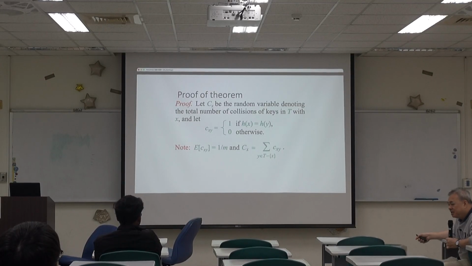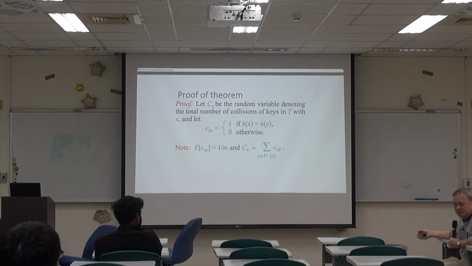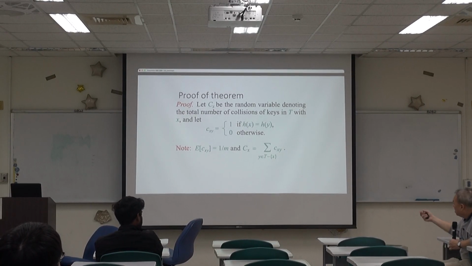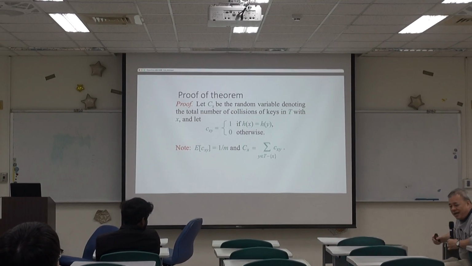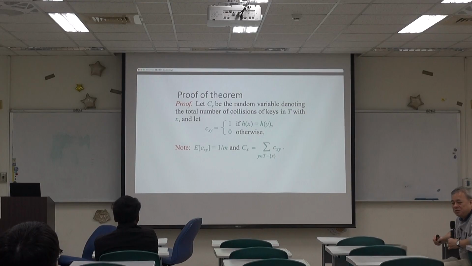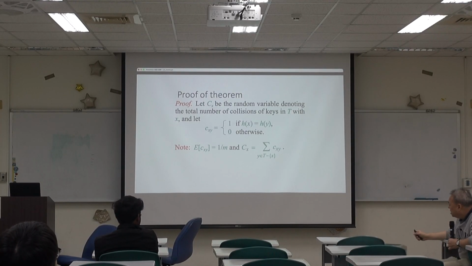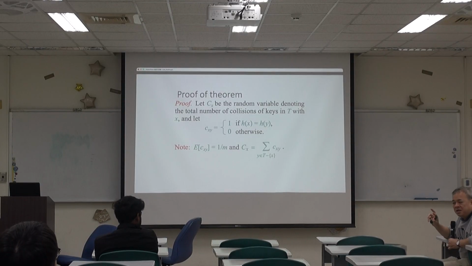The expected c_xy is 1 over n, which comes from the fact that we draw h at random from a universal hash set. So for a pair of different keys, the chance of collision is 1 over n.